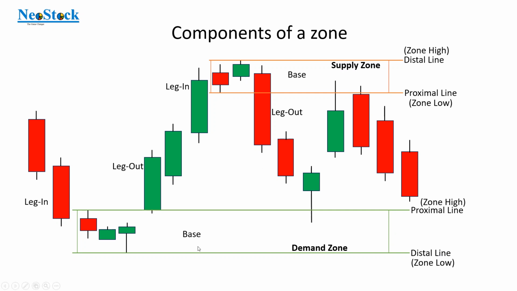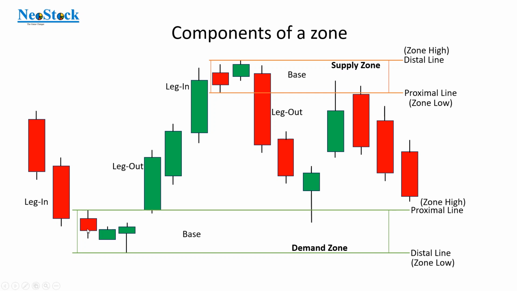Before closing today's session, let us quickly summarize all the important points we have learned in this session. We have learned three important components of a zone. The first one is the leg in. Leg in should always be a leg candle, and it could be a medium size leg candle or a large size leg candle. It can be anything.